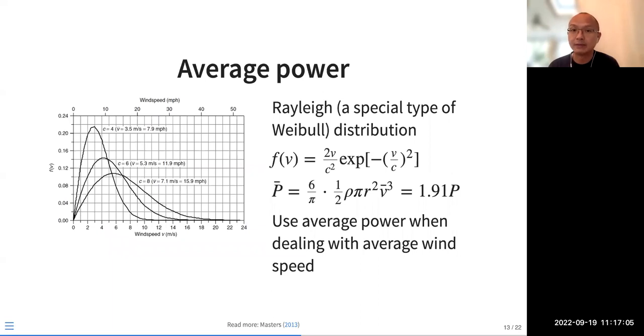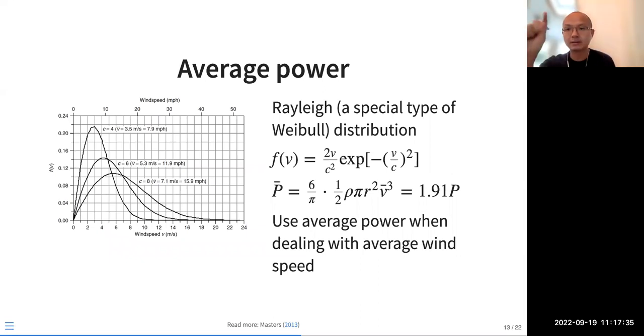For this we will need to understand the distribution of the wind, and that's called Rayleigh's distribution, a special type of Weibull distribution that describes the distribution of wind speed over a year, for example, because some hours have higher wind speed, some hours have lower wind speed.